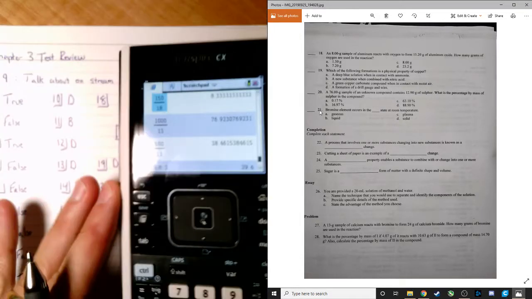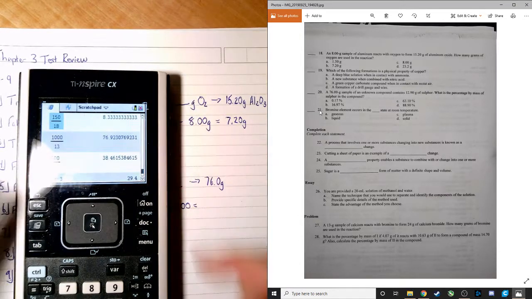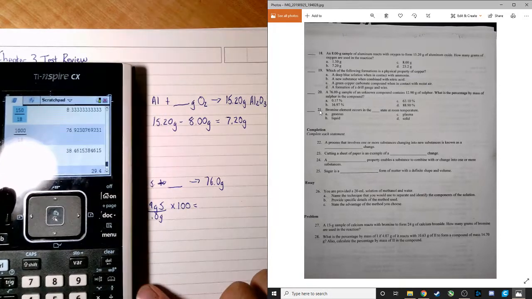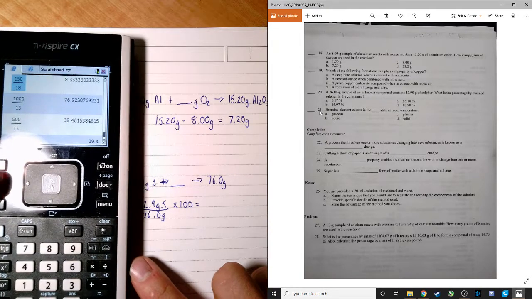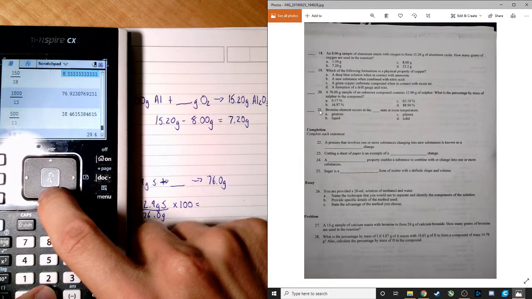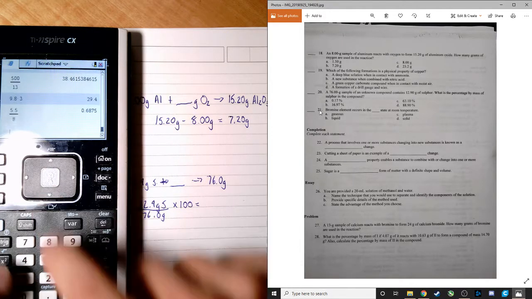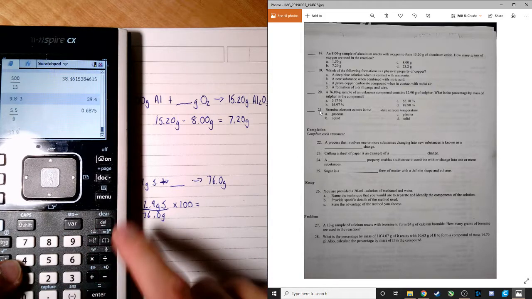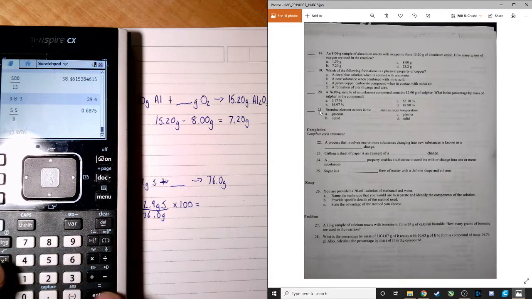Give me a second. Make sure you see the numbers in the calculator. 12.9 divided by 76.